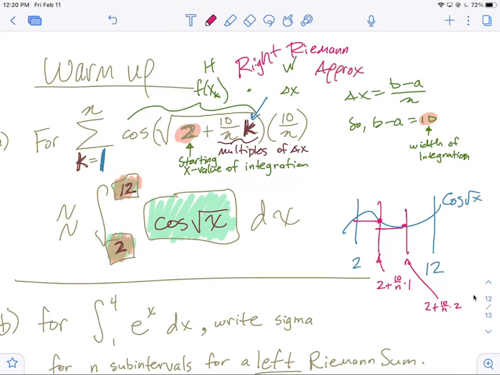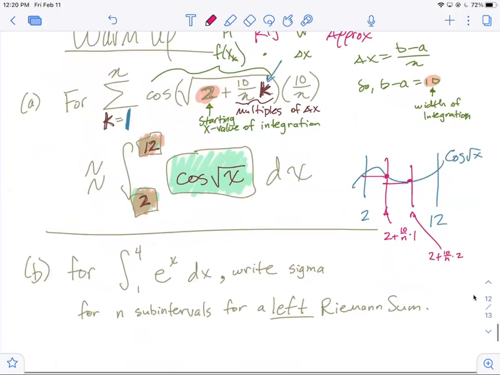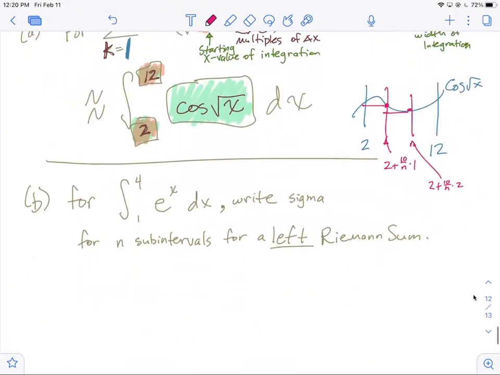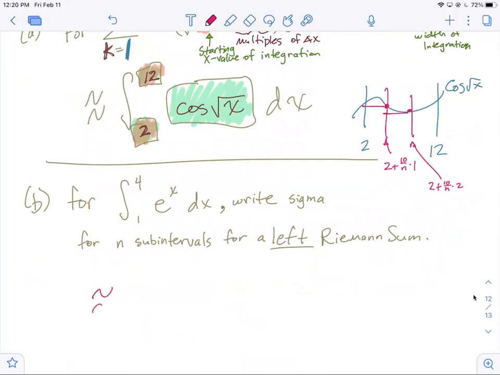Okay. So now for this one down here, if we want to go in reverse and we want to write an approximation in summation form for a left Riemann, well, we can say, okay, what's the width? It's b minus a. So that's going to be 4 minus 1, which is 3.